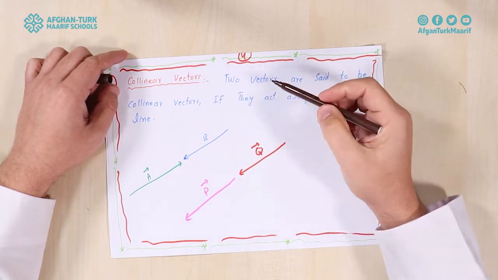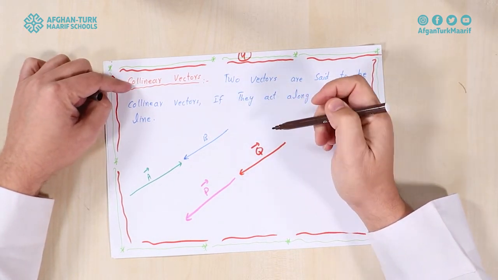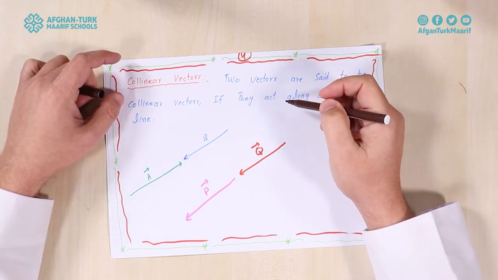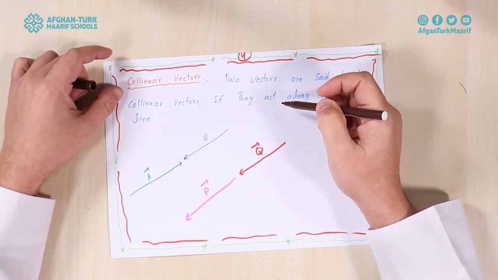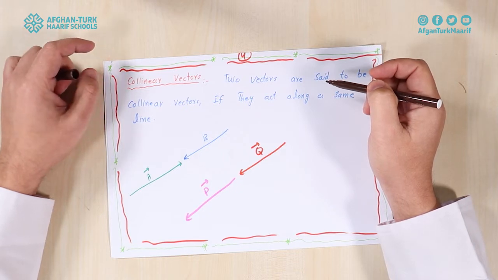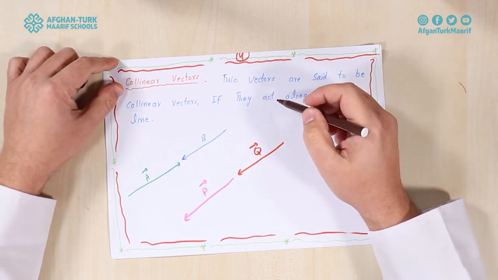Okay, next page we are talking about the collinear vector. What is collinear vector? For the collinear vector there must be two or more vectors, but they are in the same line, so we can say these are called collinear vectors.